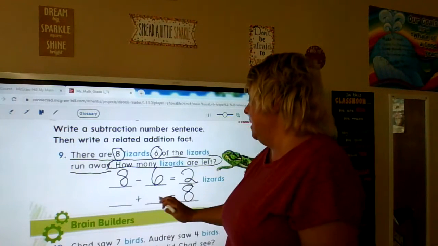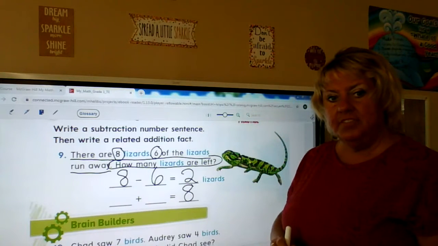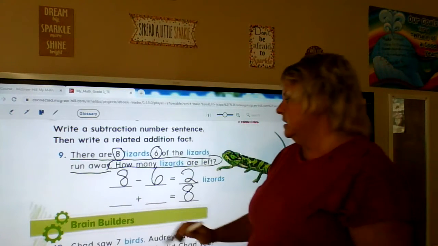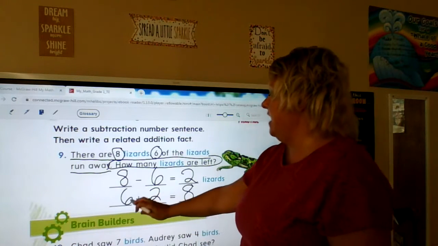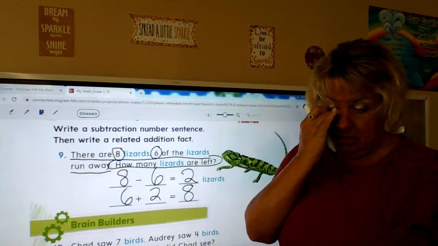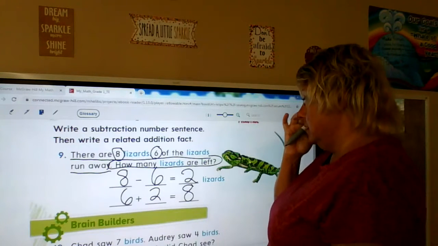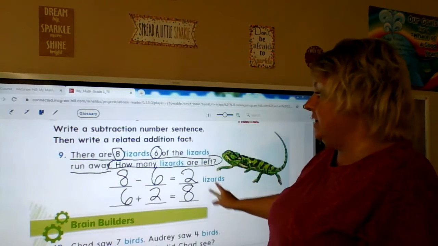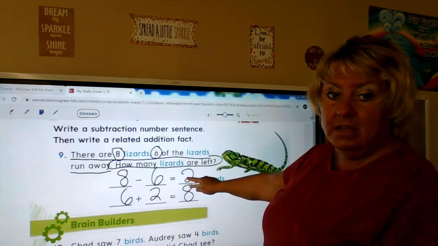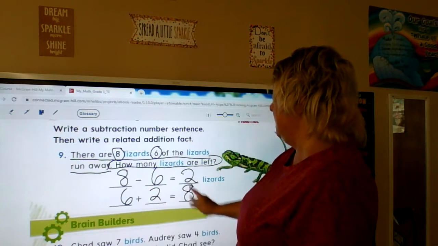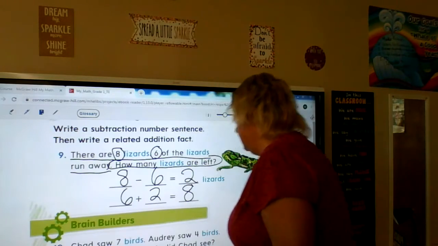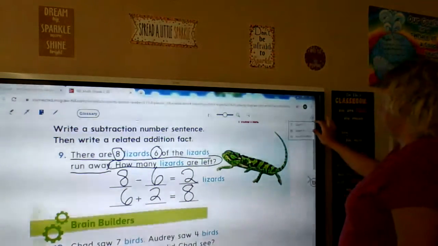So what other two numbers would have to go here if the facts are related? I could have 6 plus 2, or I could have 2 plus 6 equals 8. Related facts: 1 subtraction, 1 addition. All three have an 8, a 6, and a 2.